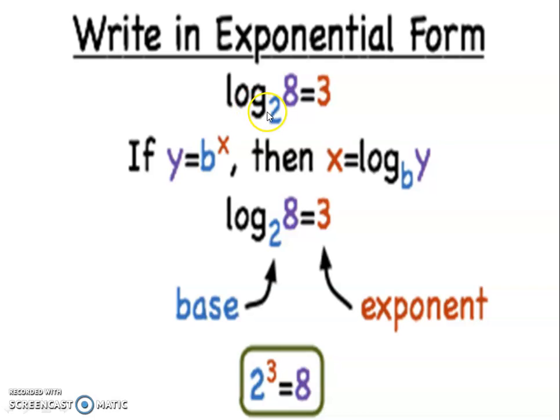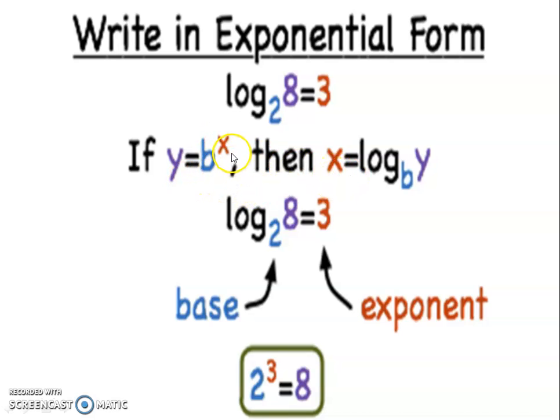To understand better, we take a simple example. We studied 2 cubed is equal to 8. So we convert to log 8 to the base 2 is equal to 3. So how do I convert the log of 8 to the base 2 is equal to 3? We have the expression y is equal to b raised to x.